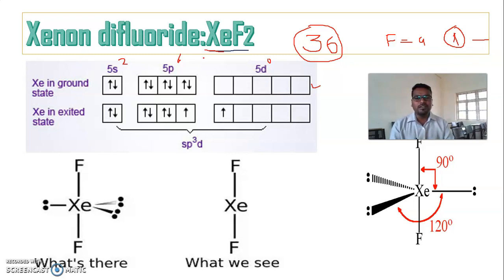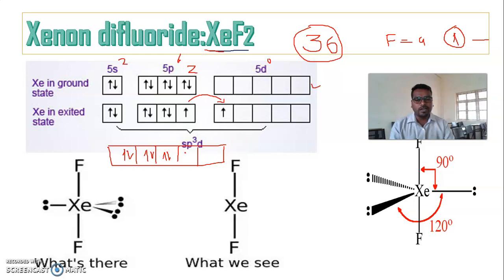During bond formation, xenon undergoes an excited state. At that moment, one electron present in the p orbital, particularly the pz orbital, is excited and goes to the nearest orbital, the 5d orbital. Then these orbitals undergo hybridization to form sp3d hybrid orbitals, that is 5s2, 5p2, 5px2.